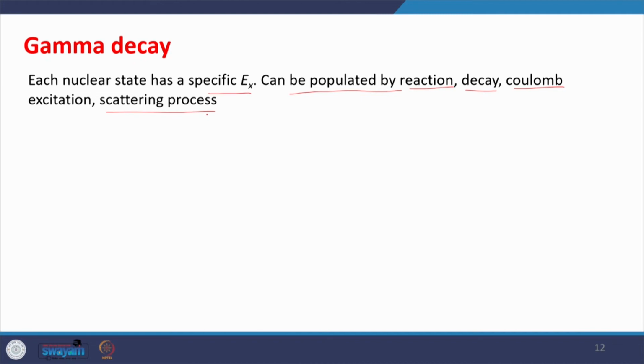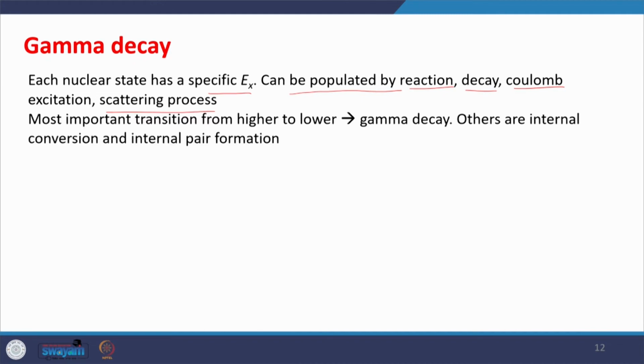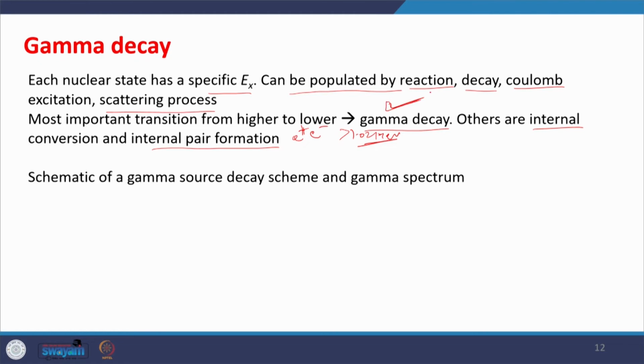So, using various means one can populate the nuclear levels, and the most important transition from higher to lower is via gamma decay, though other processes are also possible like internal conversion and internal pair formation, where the energy difference is converted into a positron and electron if the energy difference is greater than 1.02 MeV. But this is the most preferred transition.